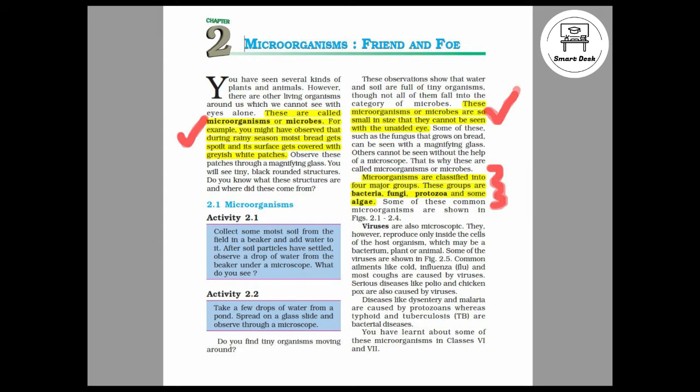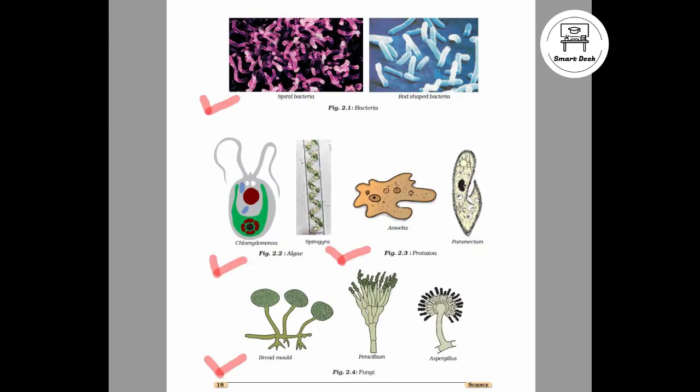In the next slide, you see the pictures of different types of microorganisms, like the spiral bacteria. They are, you can say, spring shaped, usually seen under a microscope. Next is rod shaped bacteria, means they are cylindrical shaped bacteria, as you can see in the picture.